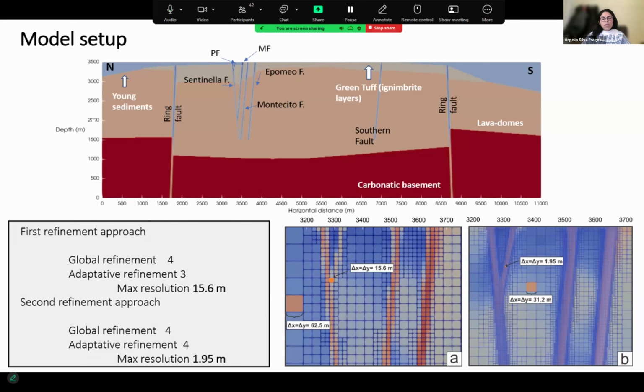My first combination of global and adaptive refinement gave me a resolution of 15.6 meters inside the faults, but then I managed to increase the number of elements and increase the resolution of the model up to almost 2 meters. So we have a good number of elements to solve inside the structures.